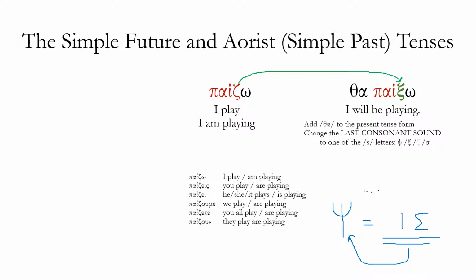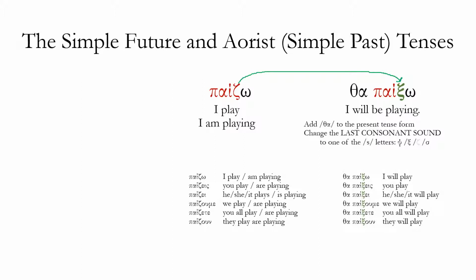Oh, this wasn't very smart. So, reading that last note, one of the S letters, ps, the psi, x, the xi, the zeta is grayed out because we don't need it here, and the sigma.